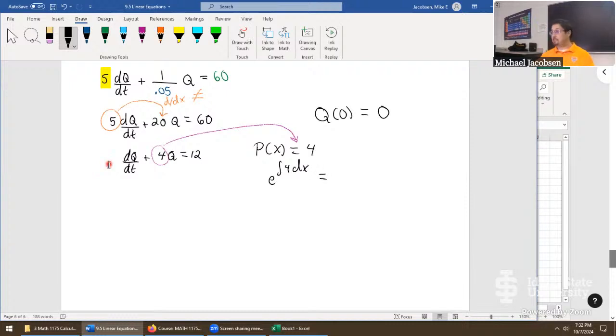Sorry, go ahead. So why does 4 work in p of x when the derivative of 0 is in 4? Oh, we're going to try to plug in a better function here to make it all work out.